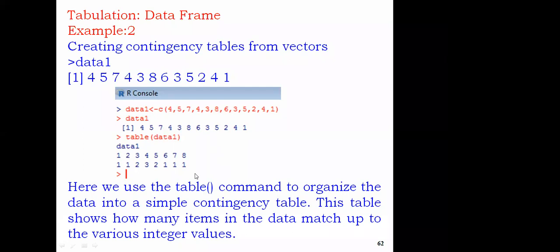So here we use the table command to organize the data into a simple contingency table. What is the meaning of this table? This table shows how many items in the data match up to the various integer values. So what I'm telling, 1 is 1 time, 2 is 1 time, 3 is 2 times, 4 is 3 times, like this.